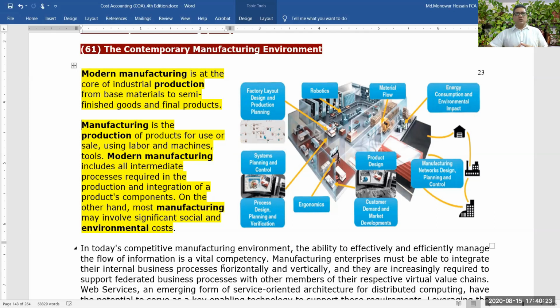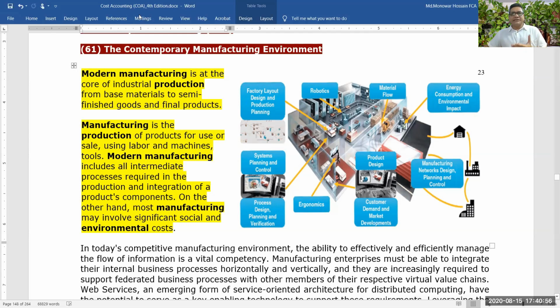Modern manufacturing includes all intermediate processes incurred in production and the integration of production components. Most manufacturing may also involve significant social and environmental tools, using robots for manufacturing and data processing or transactions using blockchain technology.